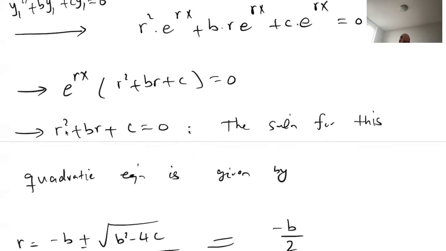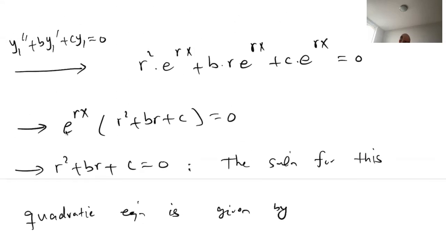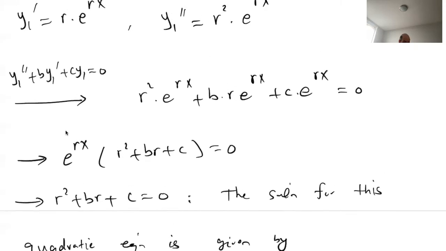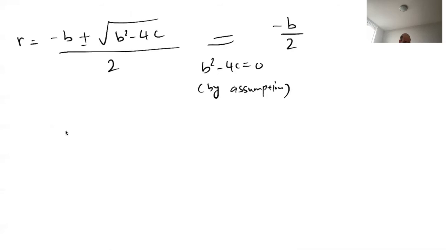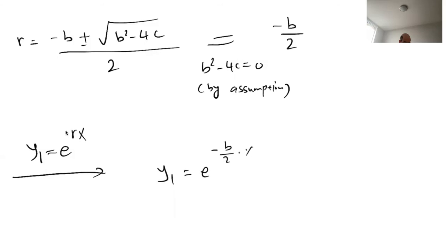So r equals minus b over 2. And y1 will be, remember what was y1? y1 was e to power rx, and r is minus b over 2. So y1 equals e to power (minus b over 2 times x).